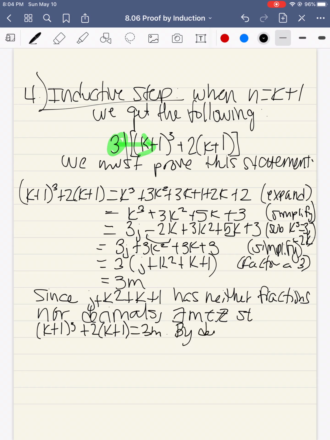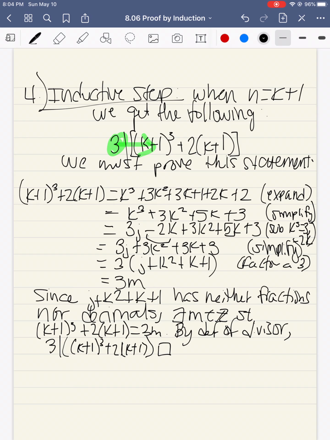By definition of divisor, 3 divides the quantity k plus 1 cubed plus 2 times k plus 1. And so that's the proof of our inductive step.